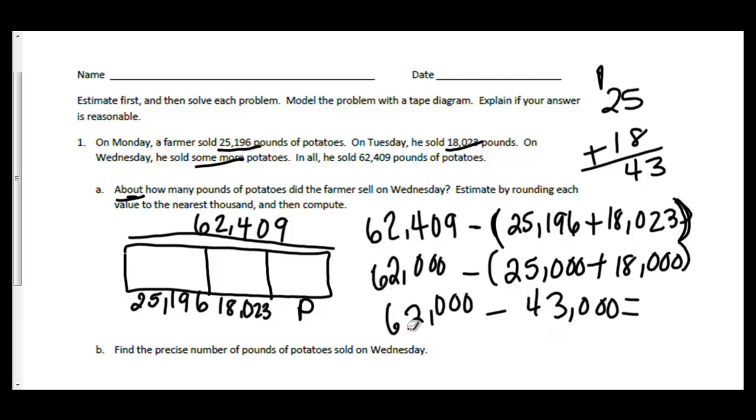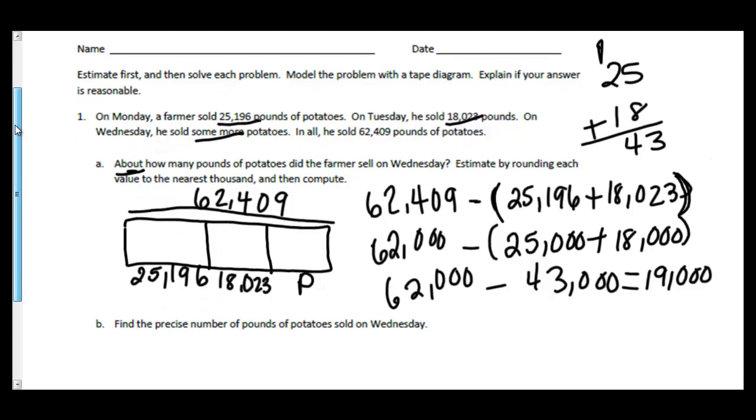And then 22,000 minus 3 more would be 19,000. So there are about 19,000 potatoes sowed on Wednesday.